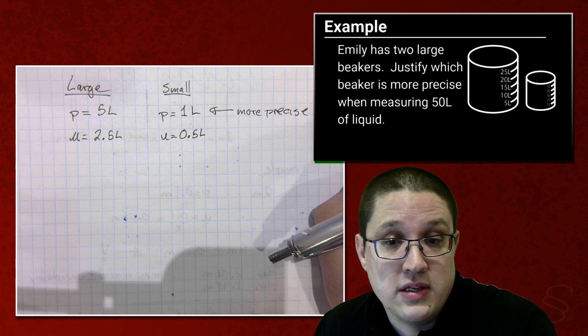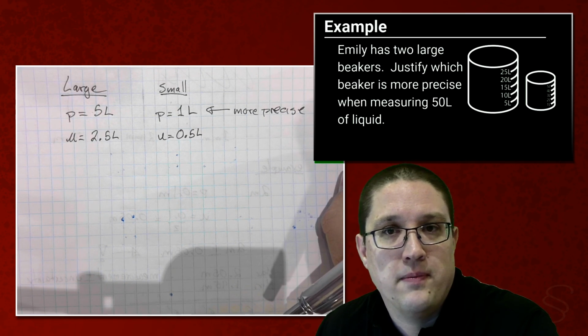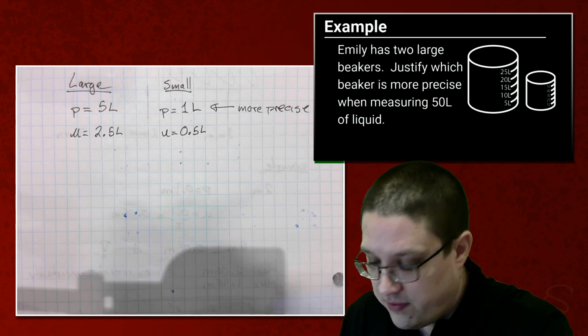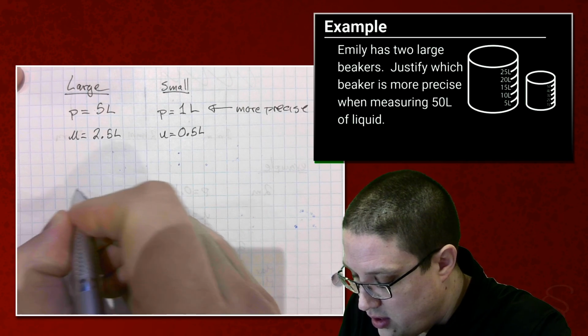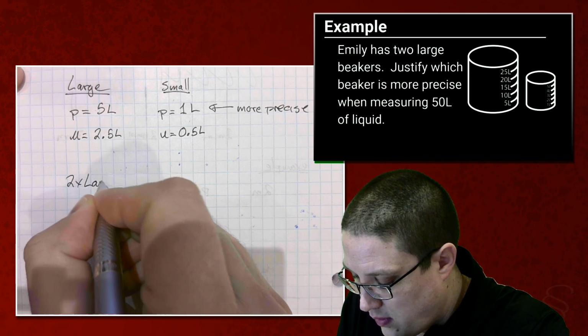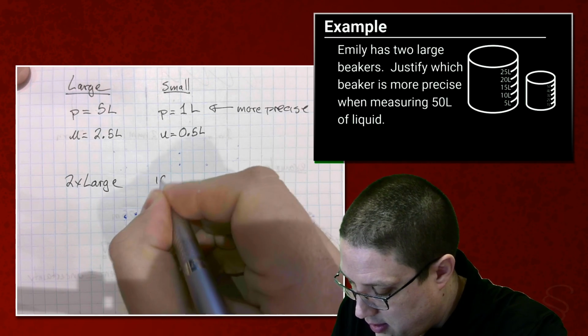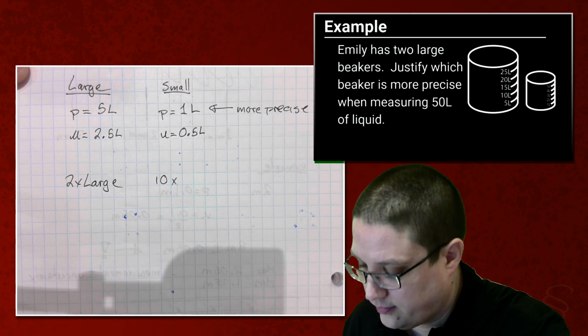However, this question says we are measuring 50 liters of liquid. In order to measure 50 liters of liquid, I could use the large container twice, or I could use the small container 10 times.